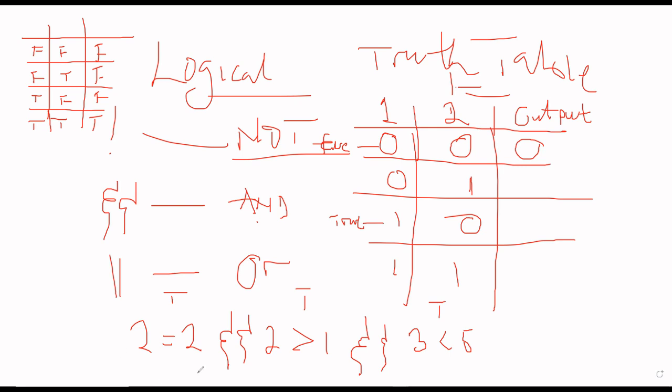So the overall output of this condition is true. But if I change maybe one of them, if I ask the question, is 2 less than 2? This will return me false. The moment one of the inputs is false, everything here is false. Is there any question?